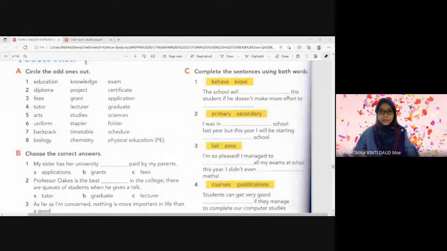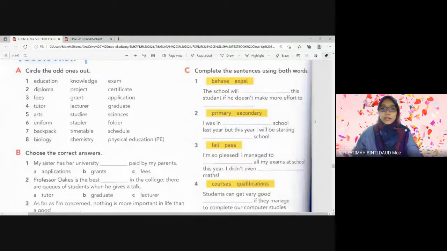If you don't behave, I will expel you. Behave means kelakuan, berkelakuan baik. So when we say behave, you must behave, mesti berkelakuan baik. So the noun is behavior, B-E-H-A-V-I-O-U-R. Behavior is tingkah laku atau sikap atau kelakuan kamu.